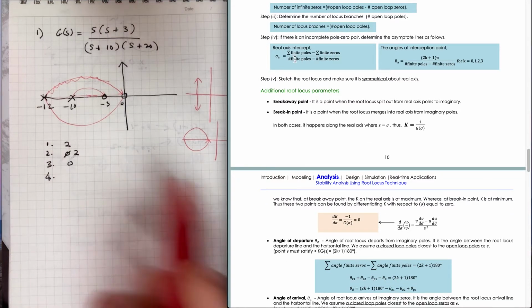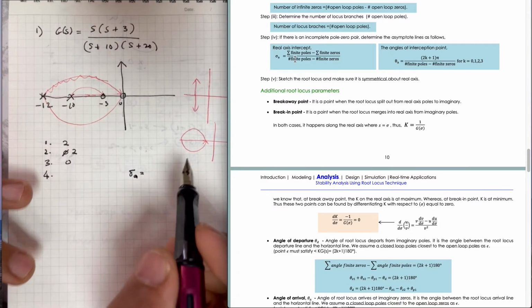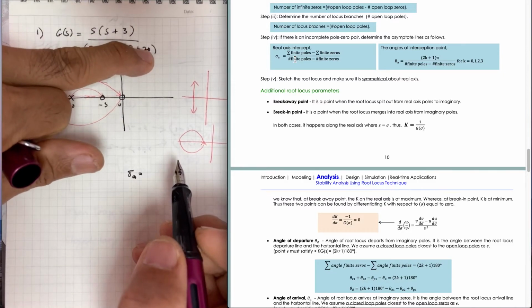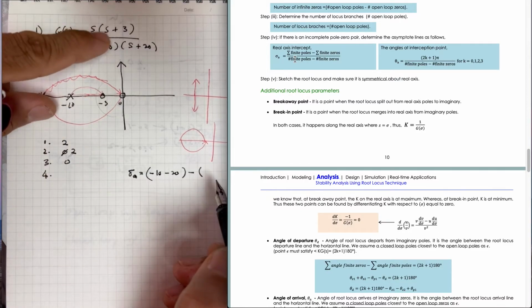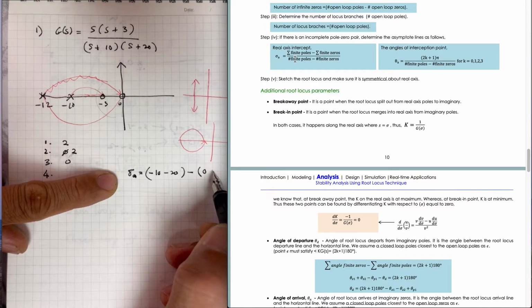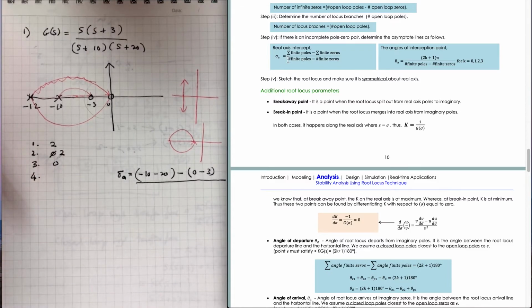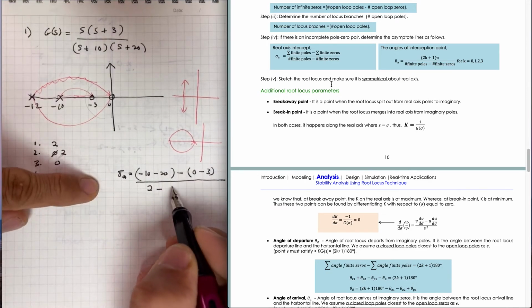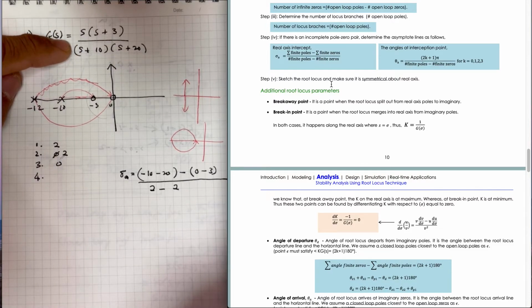So in this case, we need to find this a, equal to the finite poles, minus 10, minus 20, minus the summation of zeros, 0 and minus 3, divided by the number of finite poles, 2, minus the number of finite zeros, 2, right?